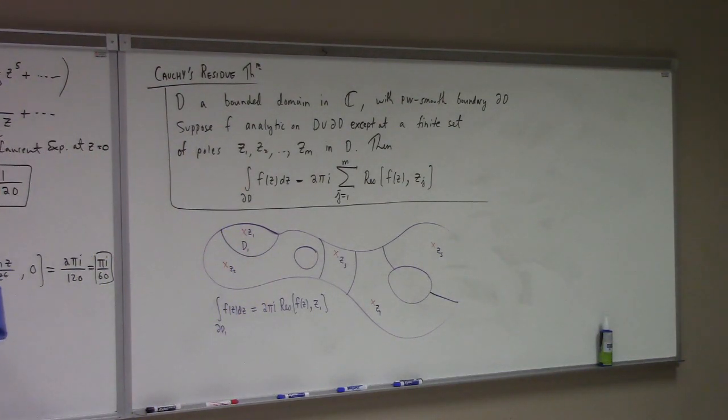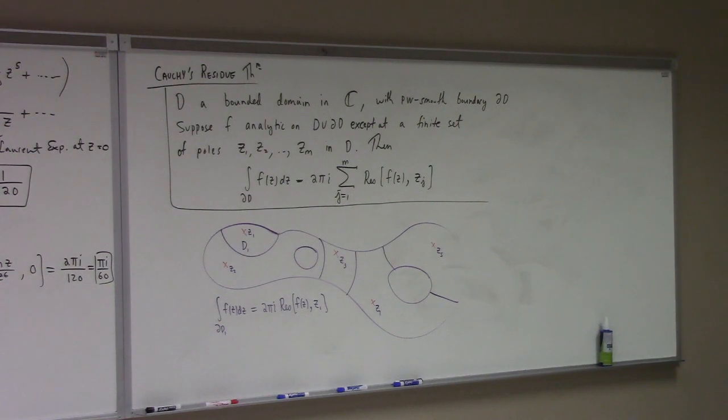Why don't any of the other poles matter to that calculation? Because if you think about the Laurent series expansion based at z1, the part which is singular at all those other places is holomorphic close to z1. It's only the part of the function which is singular at z1 that contributes to the residue at z1.